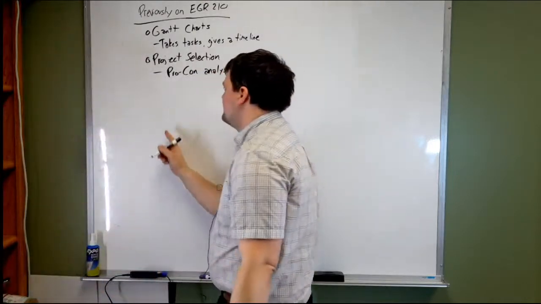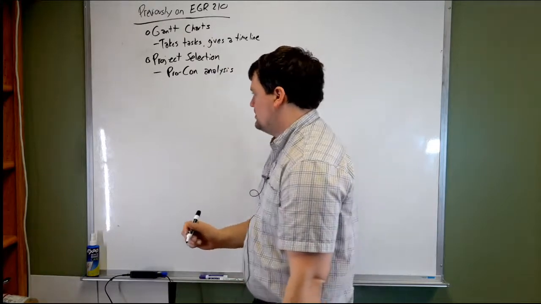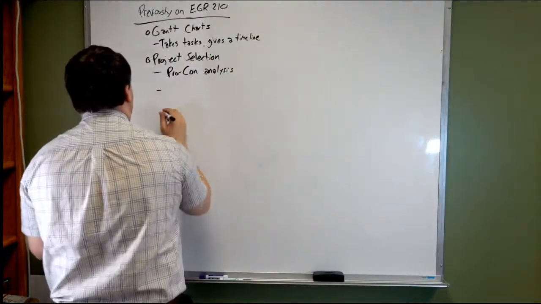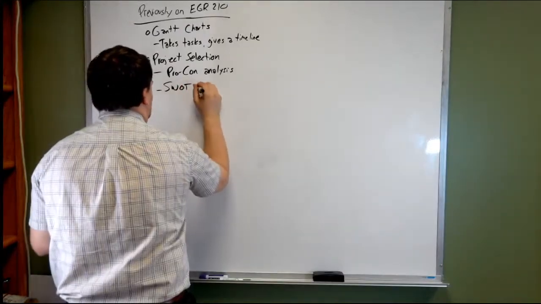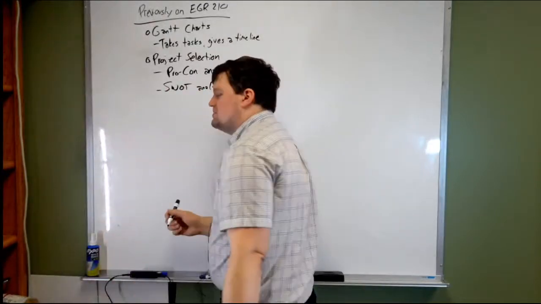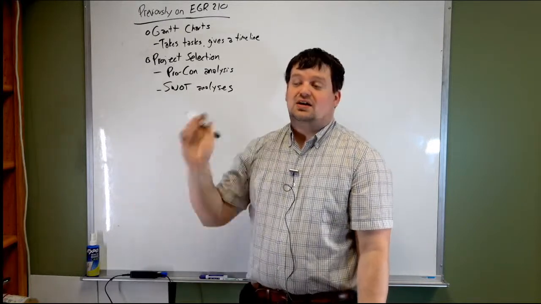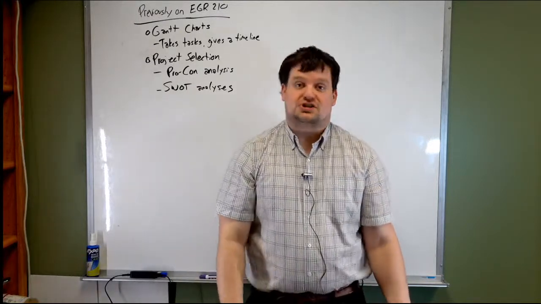That stands for professional convict. Just so that you know. No, I'm kidding. And then SWOT analyses. We just briefly mentioned those. Again, I didn't expect you to do an example of them. You will need to do those for Project 2.